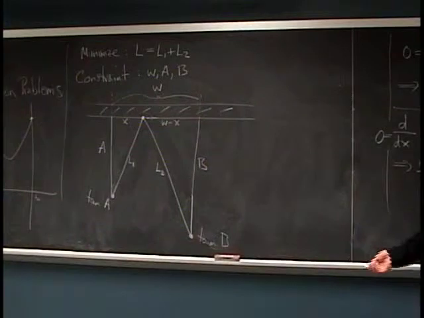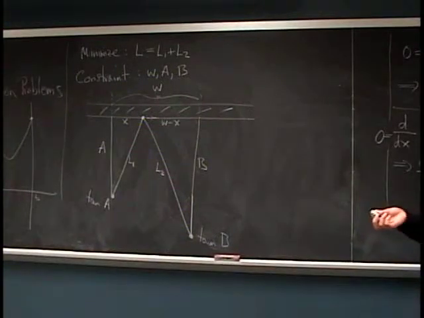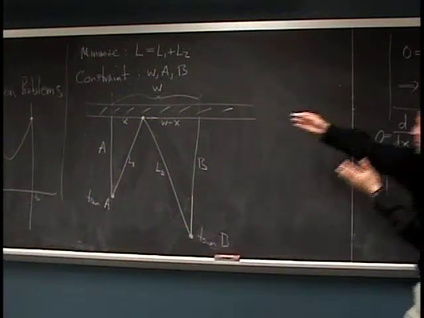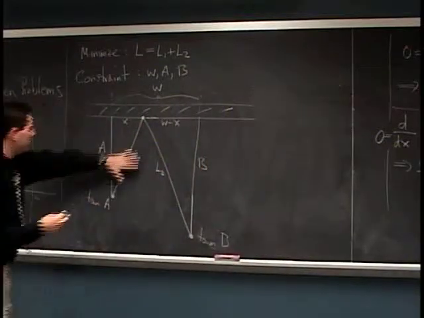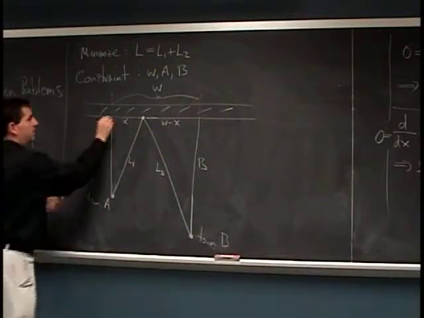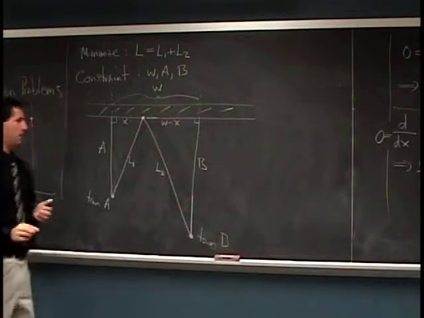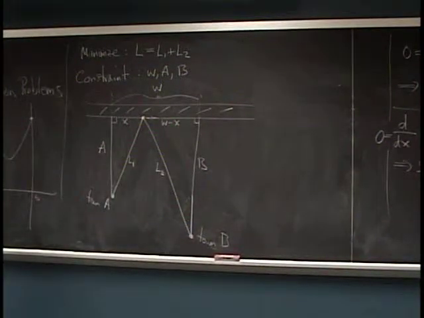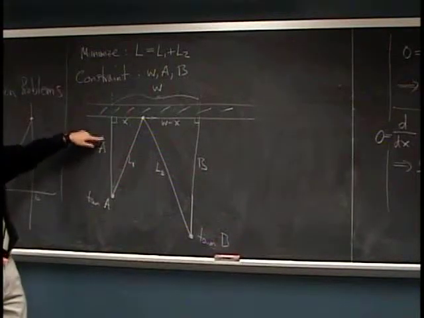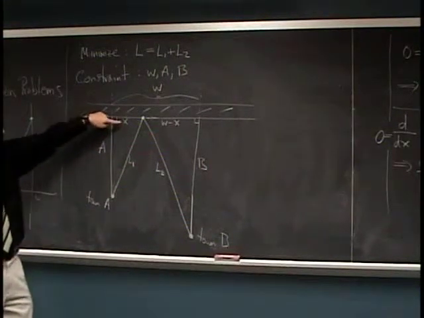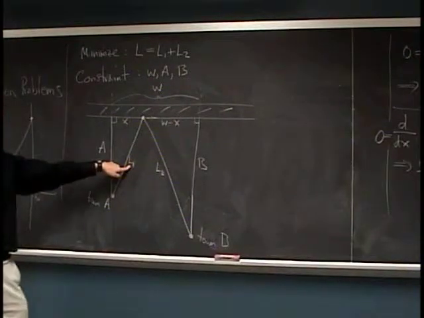Eventually we want to take some derivatives, but to take derivatives we need some functions. What do I know from this picture? Triangles. So what kind of functions could I write down? I could use the Pythagorean theorem. For instance, A squared plus x squared equals L1 squared.